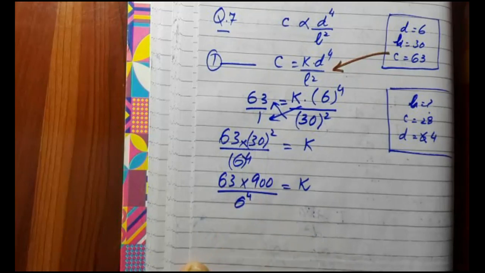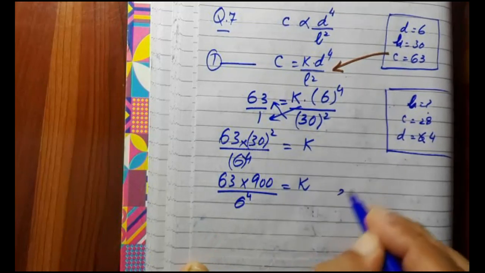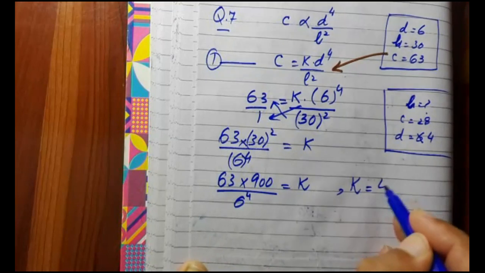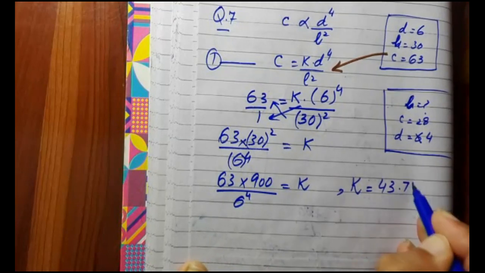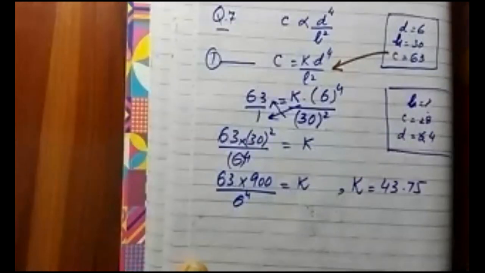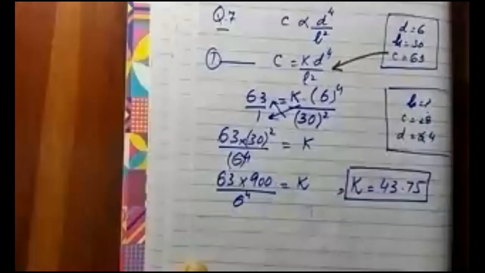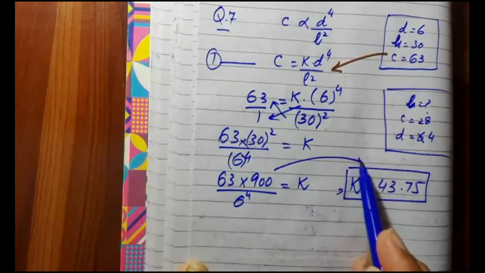So by using calculator, you will have to use your calculators, it will become altogether 43.75. This must be the value of k after the calculations. If you use your calculators, you must get this sort of value.